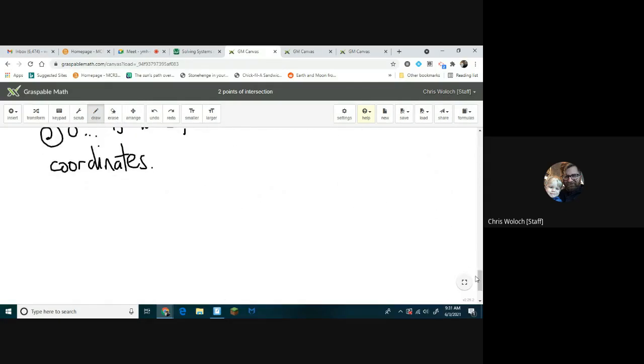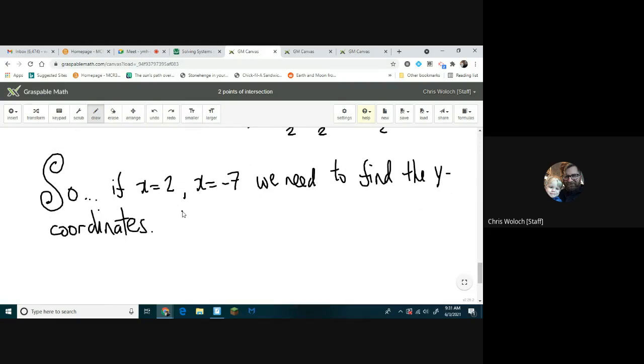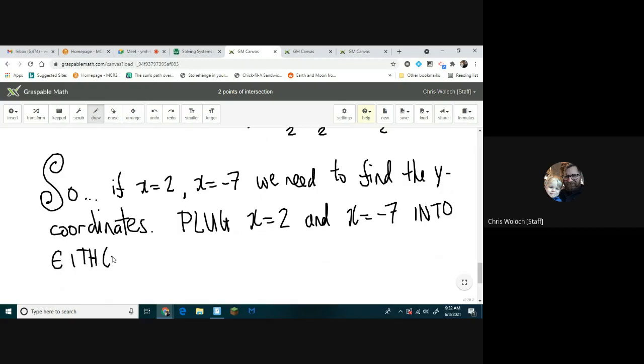So we will plug x equals 2 and x equals -7 into either f of x or g of x. Okay, because we've already established that these two functions are equal to each other when x is equal to 2 and x is equal to -7.